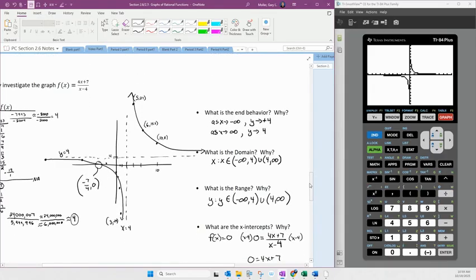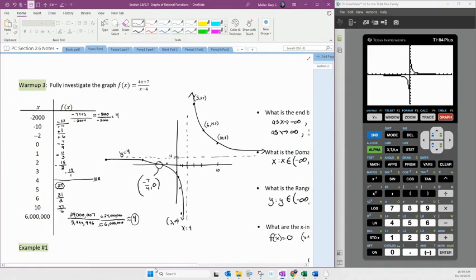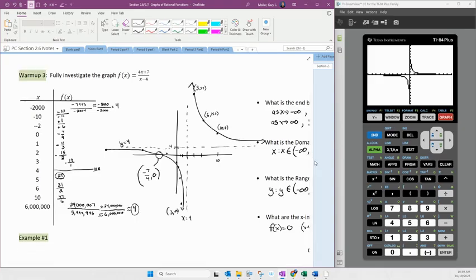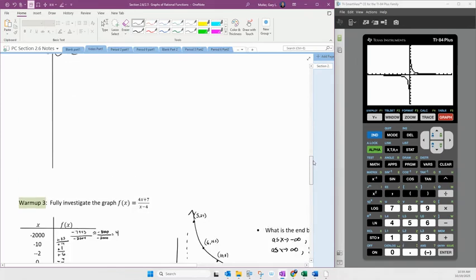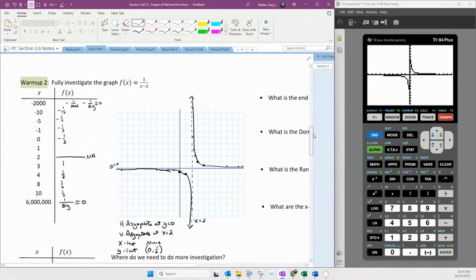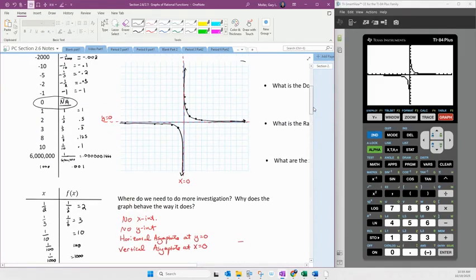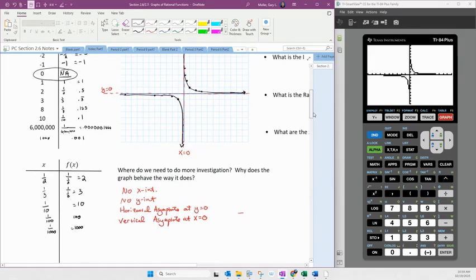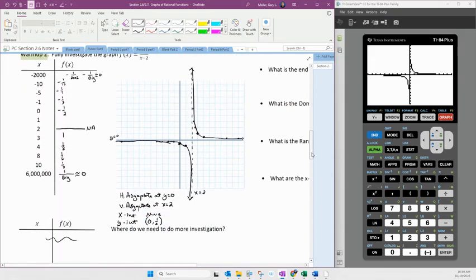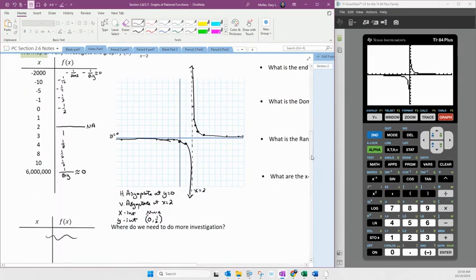Okay, so what have we learned? Let's back up and take a look at these problems here. In these two problems, the horizontal asymptotes were 0, and the vertical asymptotes were wherever our domain failed us.